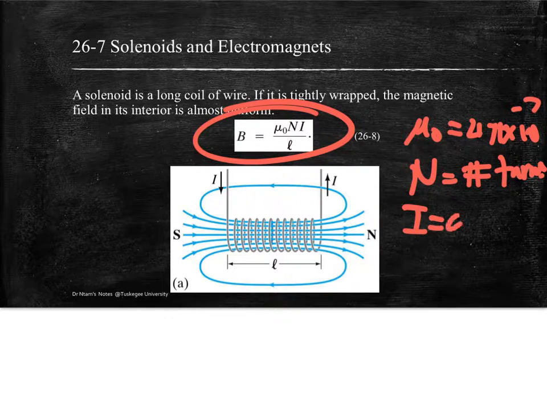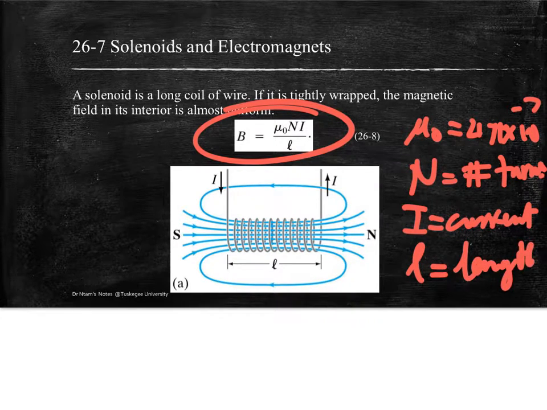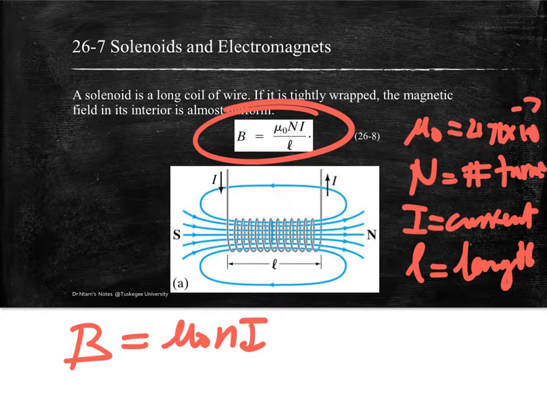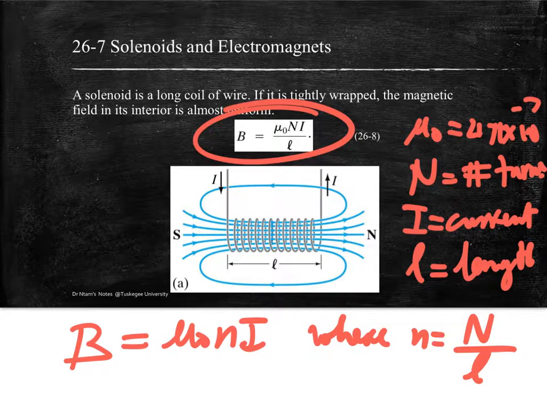I is the current, and L is the length of the solenoid. Now it's common to see this equation in this form: mu naught n times I, where small n equals big N divided by L. So if you see the equation written like this, it is basically the same equation.